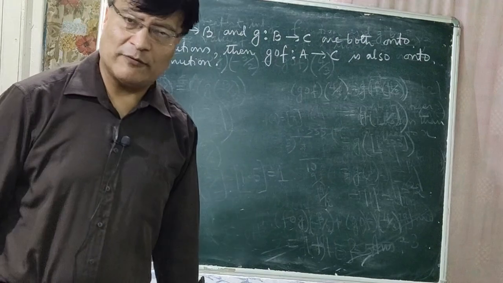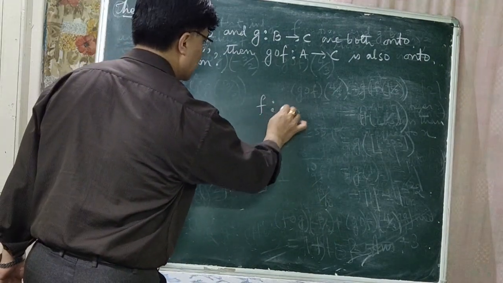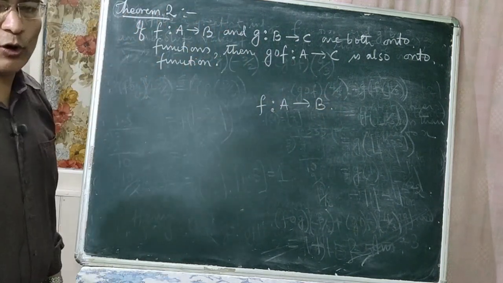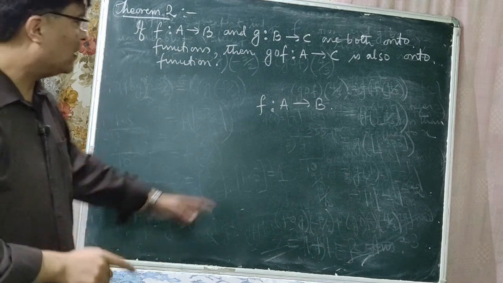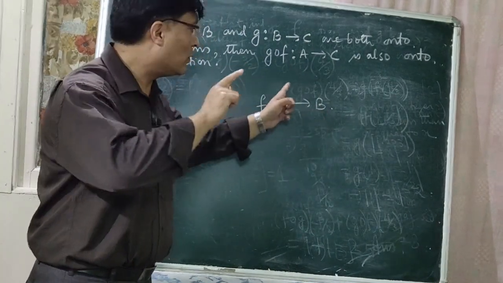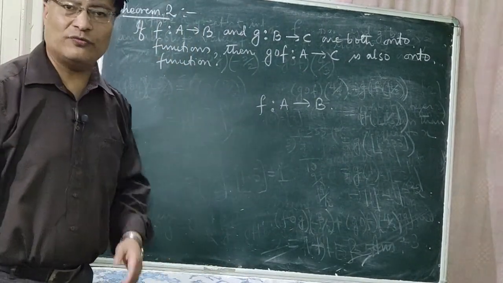I think you know the meaning of onto function. I told you about onto function. The function f such that A to B is said to be an onto function if each element in the set B has at least one preimage in the set A. That is known as onto function.